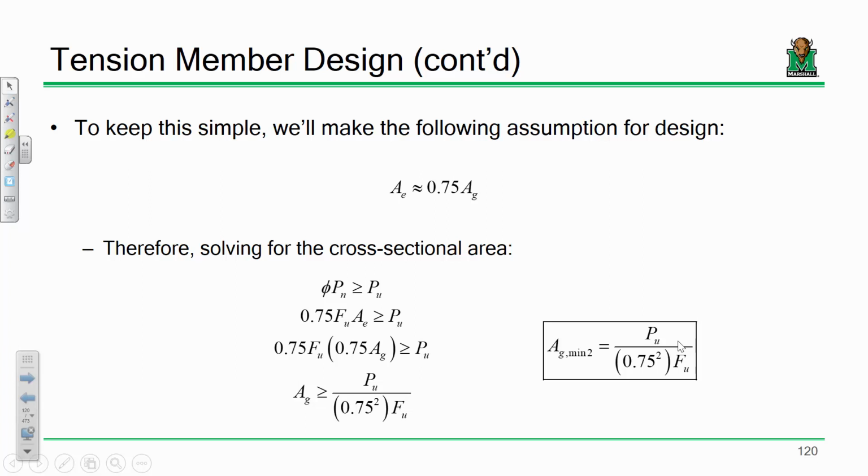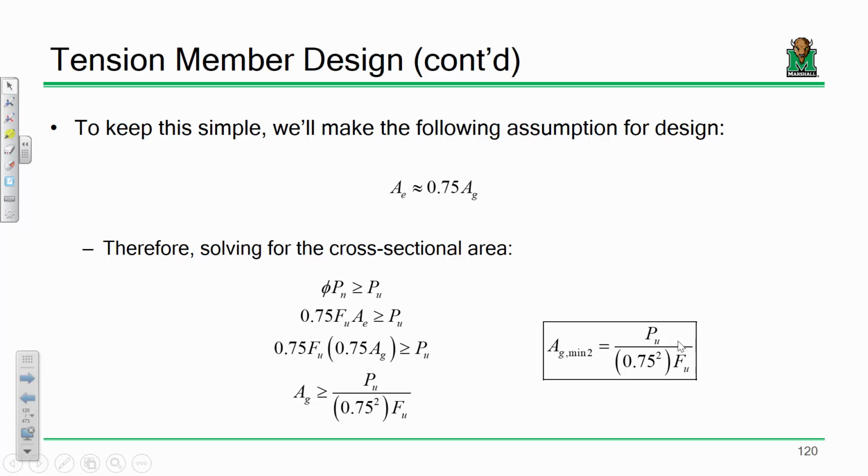Or if you want, you can say our capacity is 0.75 Fu times the net area times U. Well, instead of this net area times U, I'm going to say 0.75 Fu times 0.75 times the gross area.